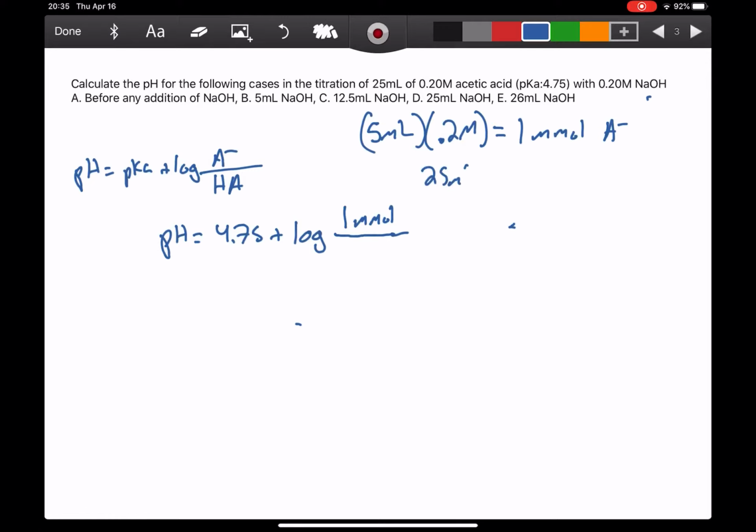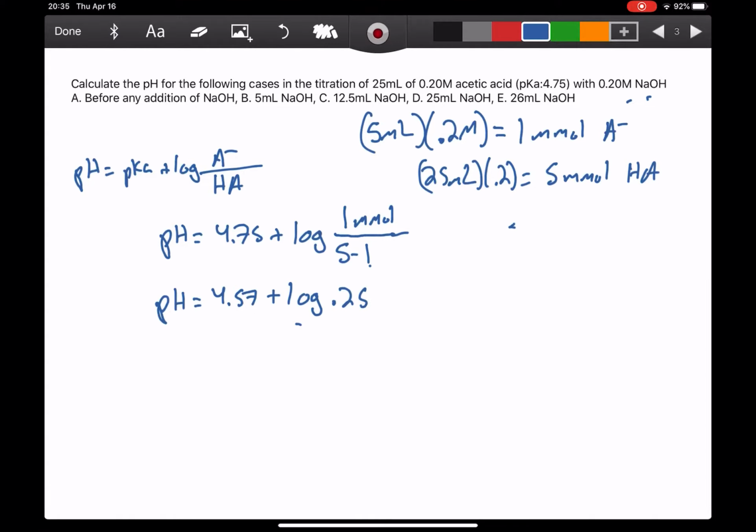So we had 25 milliliters, and it's 0.2 molar, which is going to equal 5 millimoles of HA. So for the bottom here, we're going to put 5 minus 1, because we started with 5 millimoles of acetic acid, and we're taking 1 away because we added strong base to it. So essentially the pH is equal to 4.75 plus the log of 0.25, because it's going to be 1 over 4.